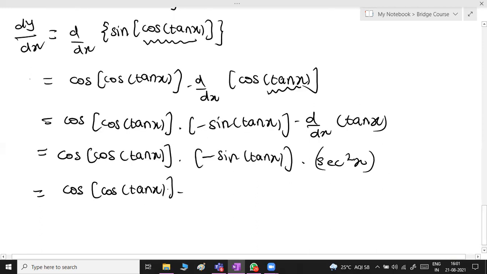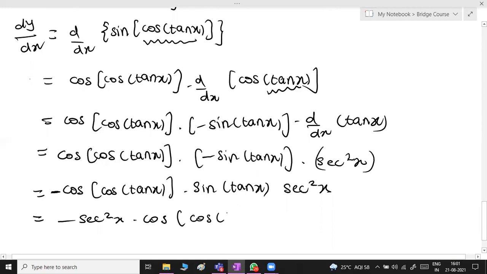So here we get cos of tan x into, sorry, the differentiation sign is not there. Even I am thinking what I am doing. Sec square x. Okay. So you can do one thing. You can take the minus sign outside first of all. So it would be minus cos of cos tan x into sine of tan x into sec square x. Now take this sec square at the first side, so minus sec square x into cos of cos tan x into sine of tan x.